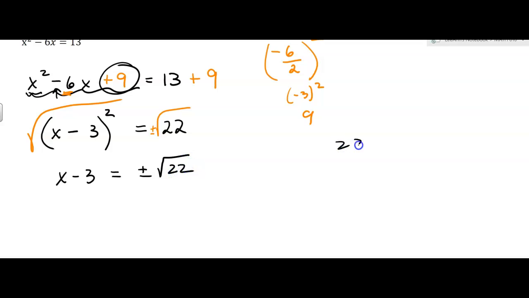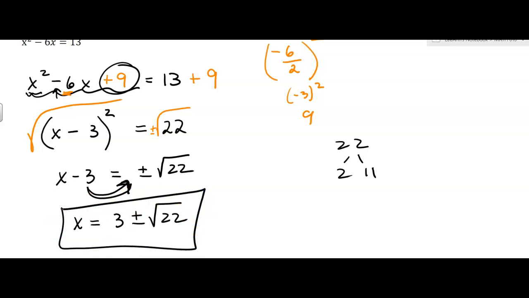Now 22 is 2 times 11, but I can't get a square root out of that, so I'm done simplifying the radical. The 3 is going to come over as a positive 3, so I get x equals 3 plus or minus the square root of 22. What you're doing when I draw that arrow, you're adding 3 to both sides. Okay, there we go. That was a long video.